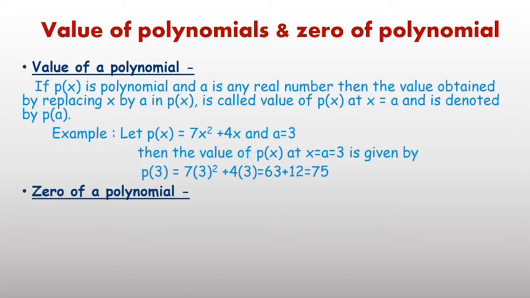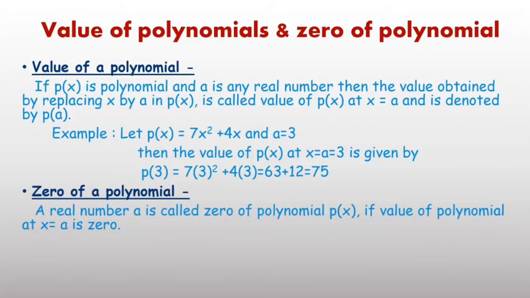Zero of a polynomial. A real number a is called a zero of the polynomial if the value of the polynomial at x equal to a is 0. That is, p(a) equals 0. If p(a) equals 0, then a is known as a zero of the polynomial.